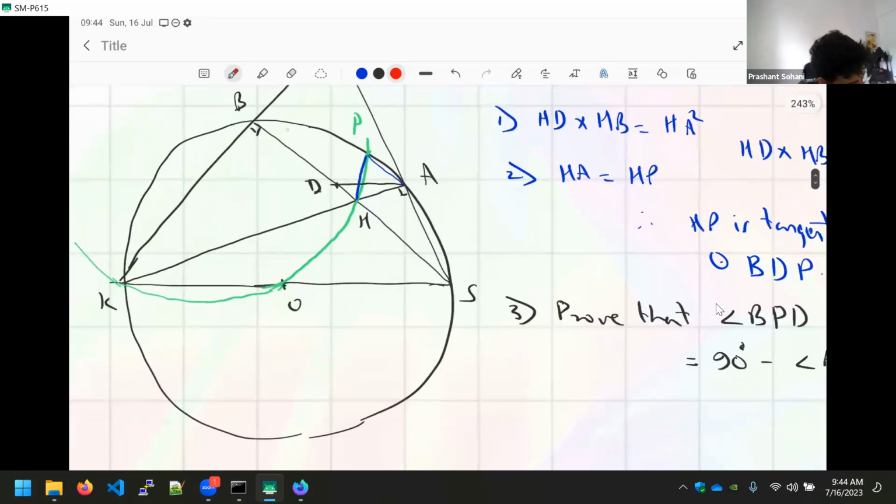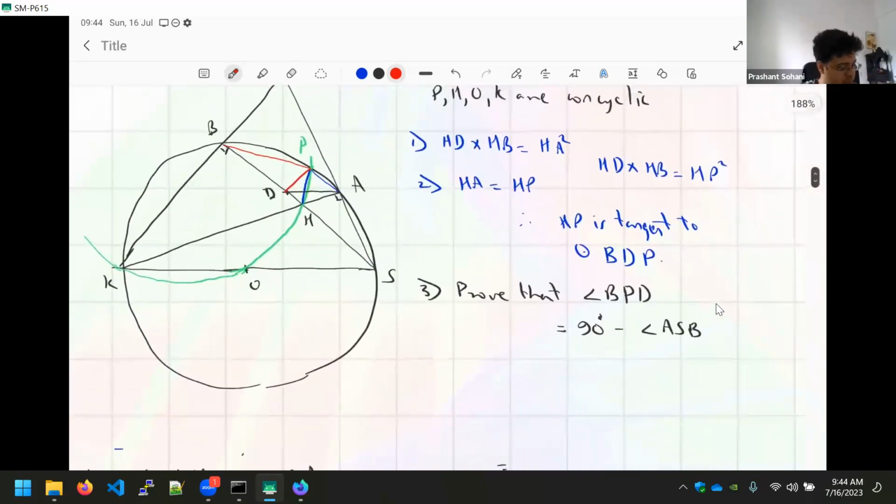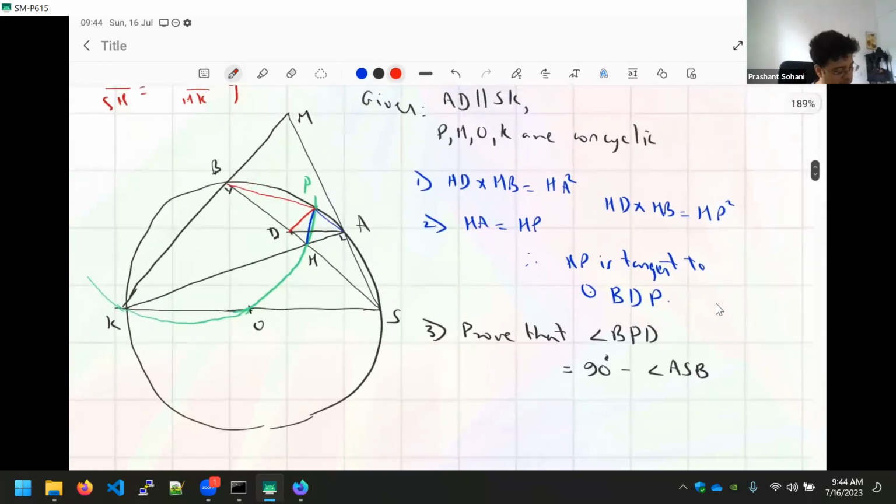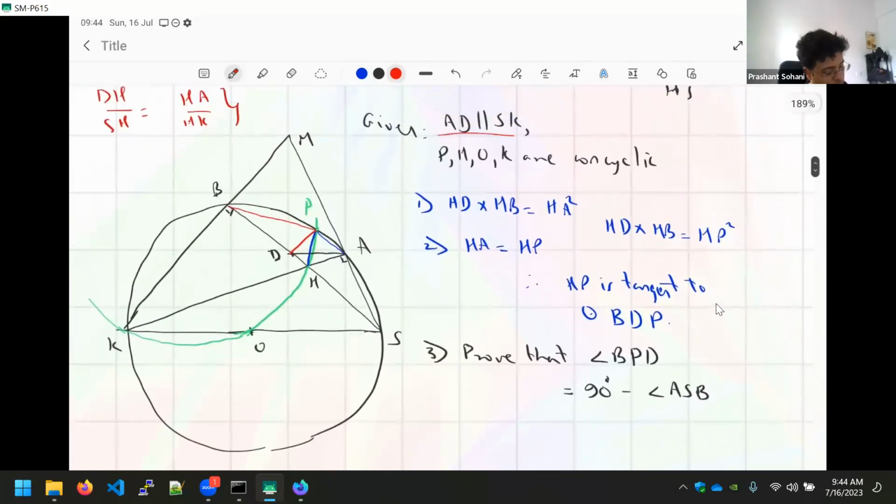Okay. So just adding a few lines in the diagram to help us do the next steps. I'll start thinking aloud about what can be the starting point of this analysis. I repeated at the top the information that is given, which I have to use. So I need to use these two cyclic quadrilaterals. PHOK is given. And now that we have found parts 1 and 2, we know HP is tangent to circle BDP.